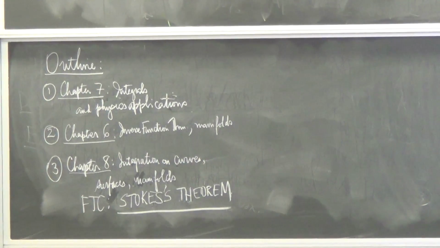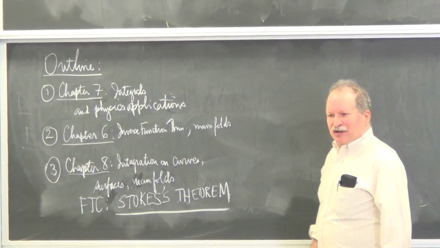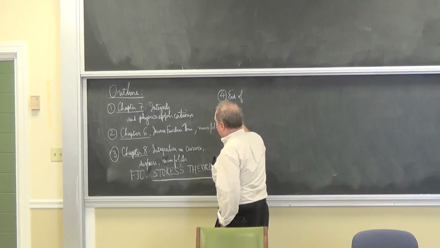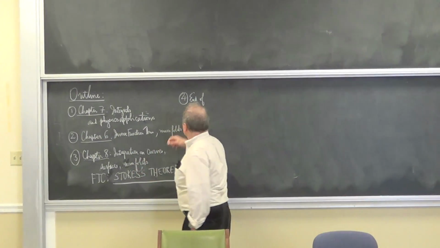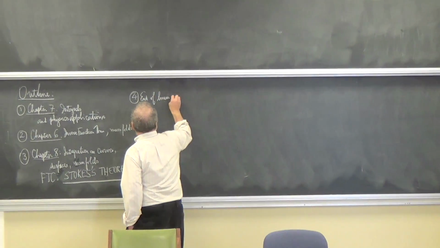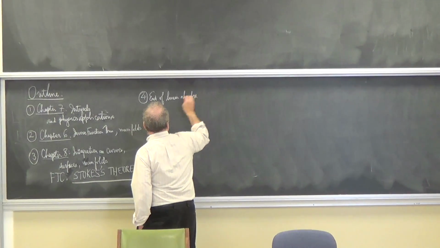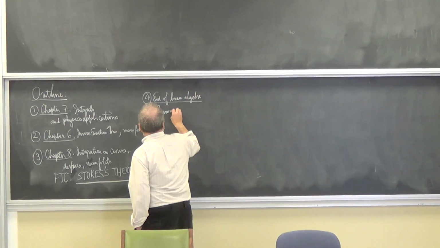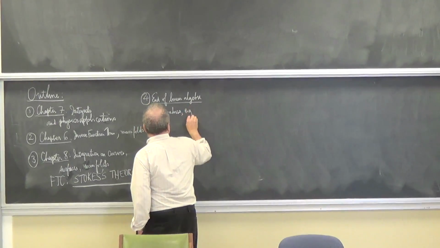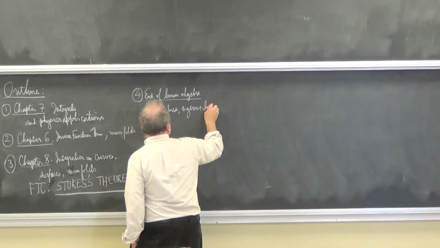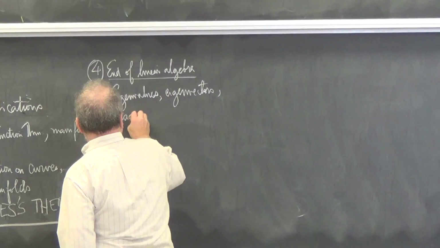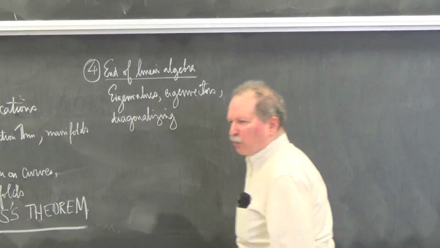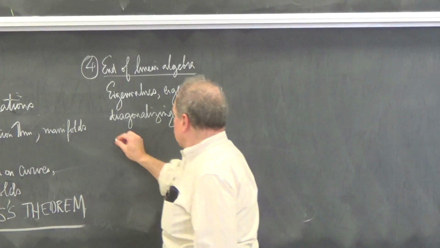And then the end of the course is the end of the linear algebra story, but we'll tie it in with this stuff as well. We're going to talk about eigenvalues, eigenvectors, whatever those are, diagonalizing matrices, and a whole pile of applications.